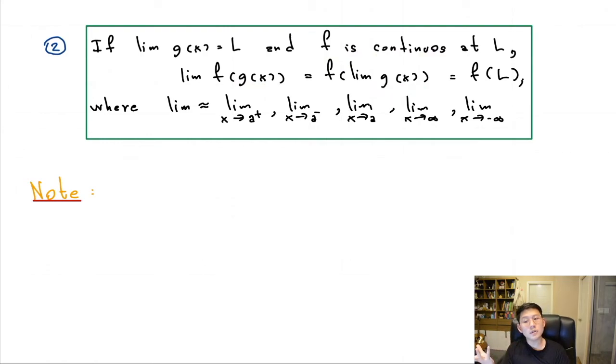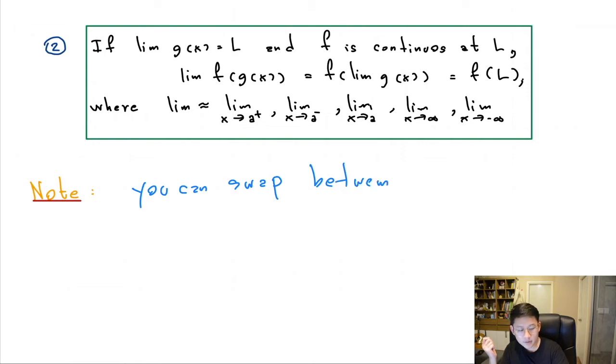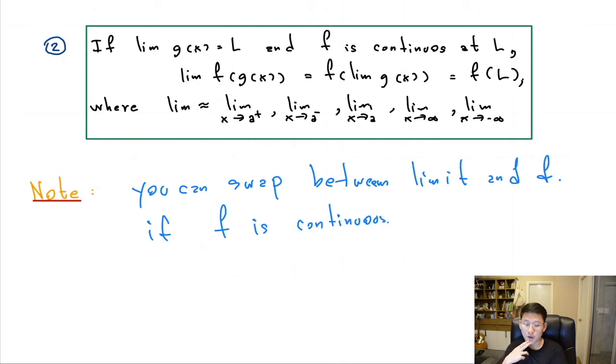It might look confusing, but it just means that you can swap between the limit and the function if the function is continuous. Okay.